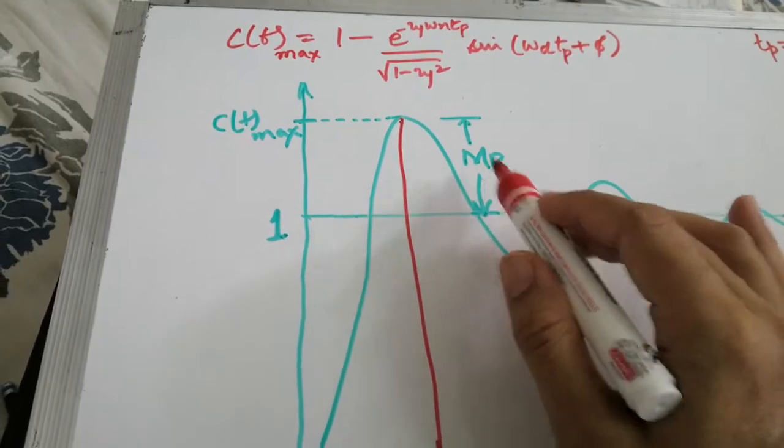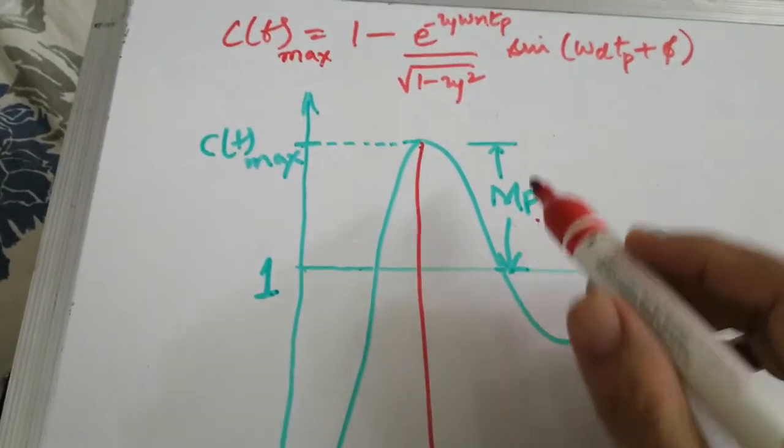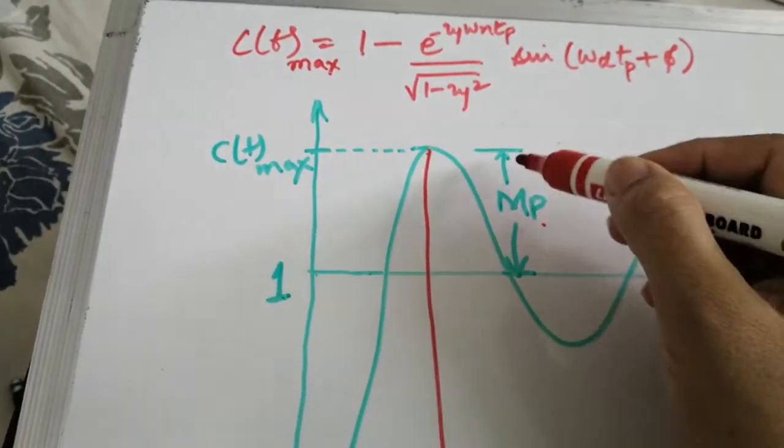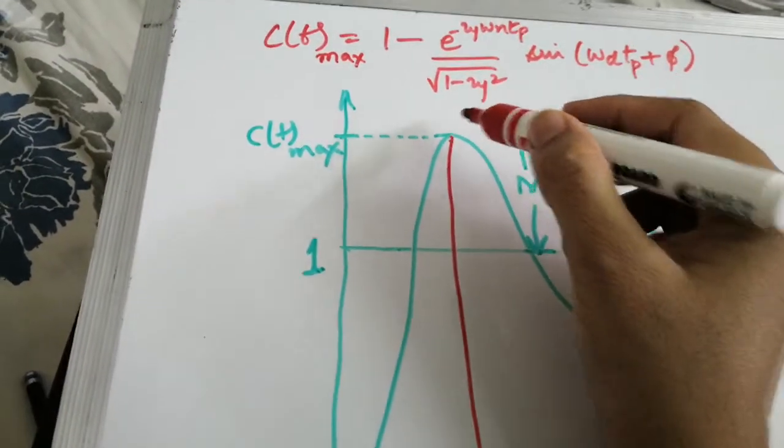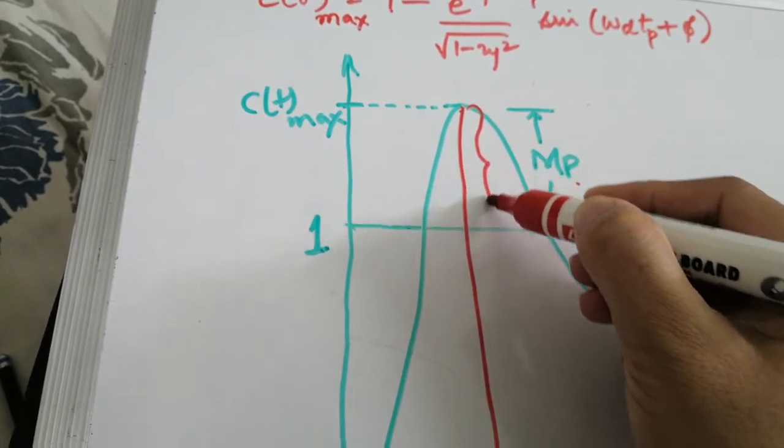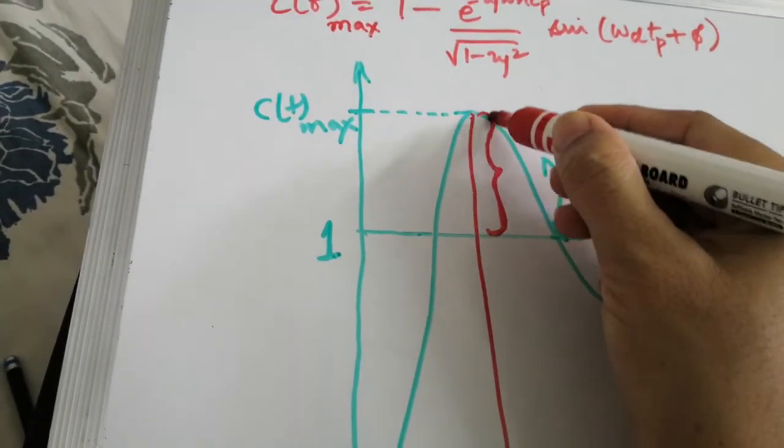So now let's first understand how we can calculate Mp. If you see, the value of Mp does not start from 0 up till this point. The value of Mp only corresponds to this much of the value.